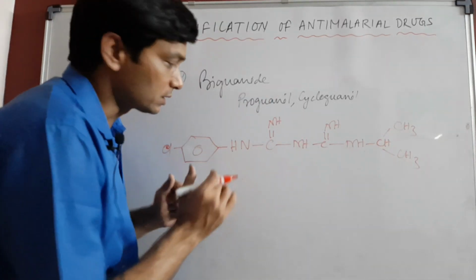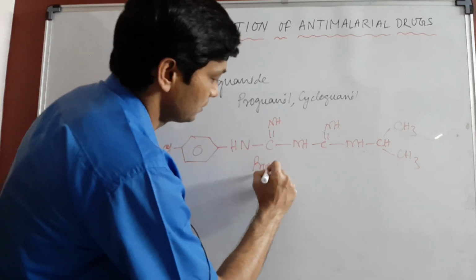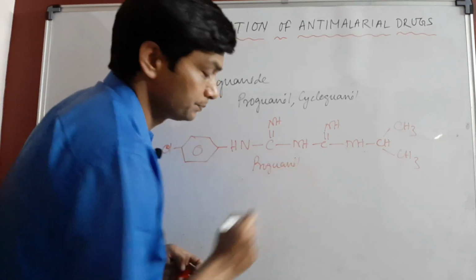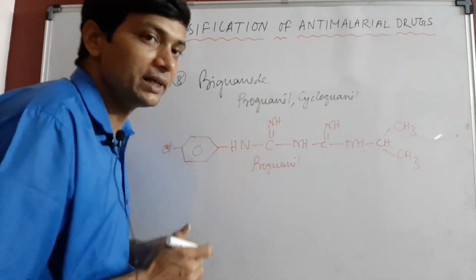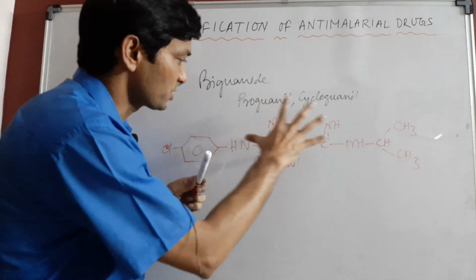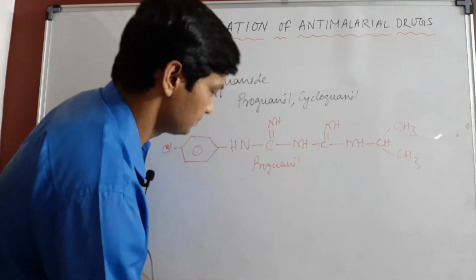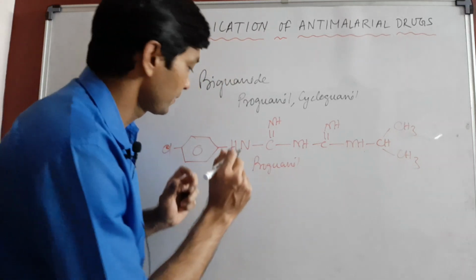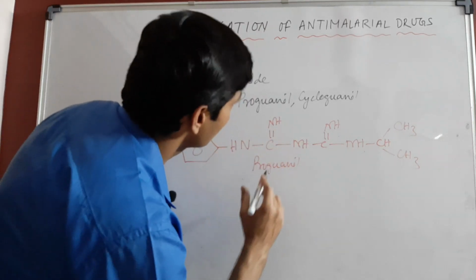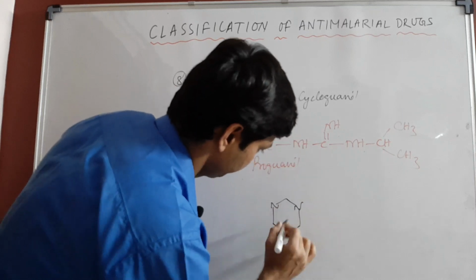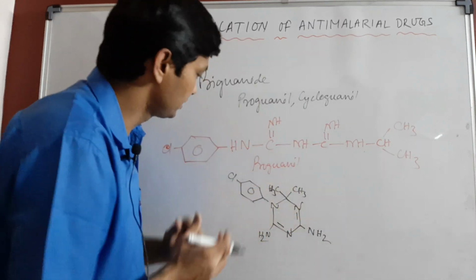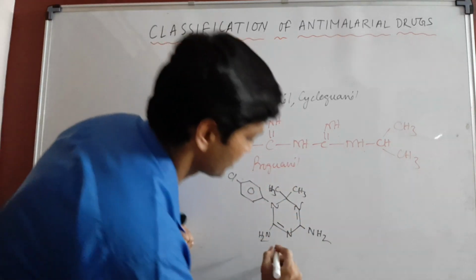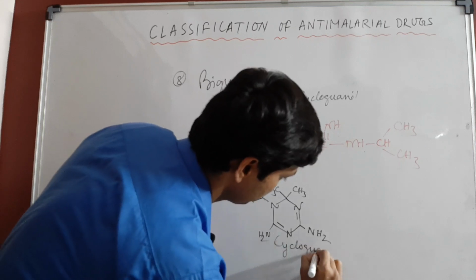This is the chemical structure of proguanil, and cycloguanil is obtained from cyclization of proguanil. This is the chemical structure of cycloguanil.